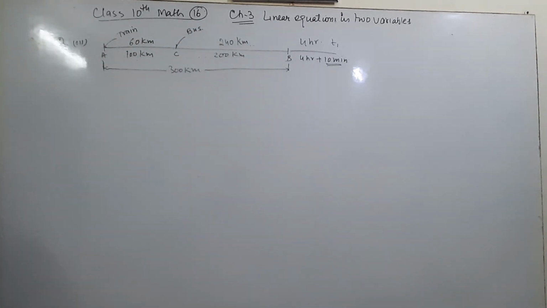It means we have to find out the speed of the train. We don't know the speed of the train. Let the speed of the train be x km per hour and the speed of the bus be y km per hour.